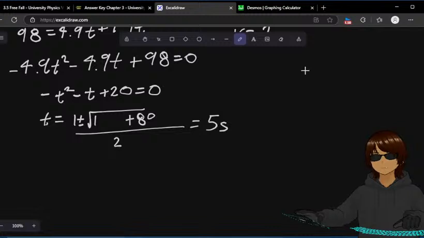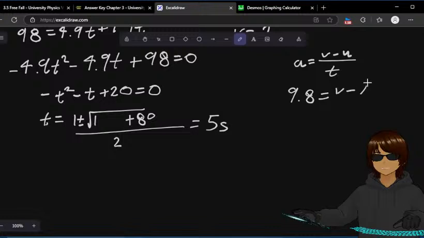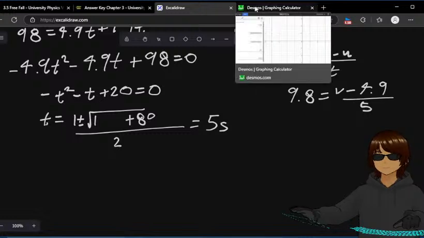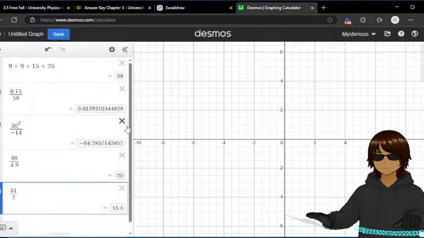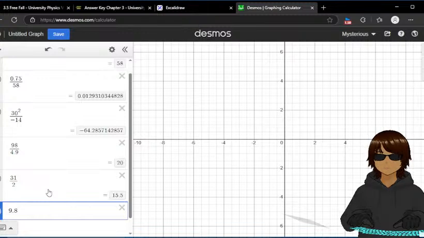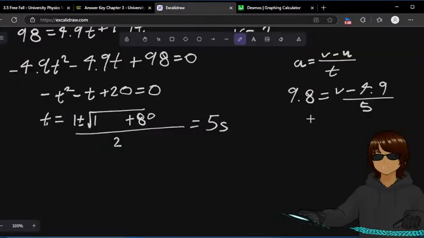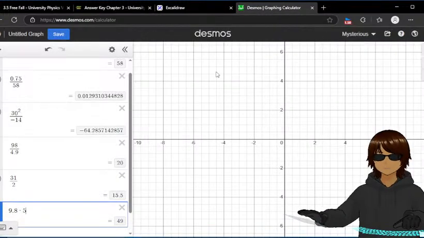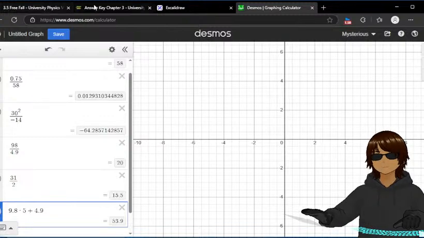Acceleration is change in velocity over time. 9.8 times 5, and we have plus 4.9, 53.9.